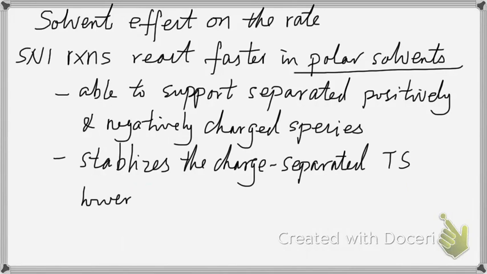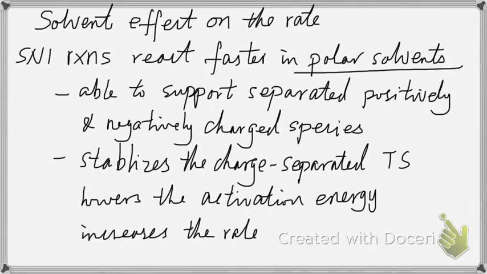And the polar solvents can stabilize the charge-separated transition states, which will lower the activation energy and increase the rate of SN1 reaction. So not only the intermediates, the carbocation, will be stabilized by polar solvents; the transition states are charge-separated and they are stabilized by polar solvents as well, so the activation energy will be lowered and the reaction will go faster.